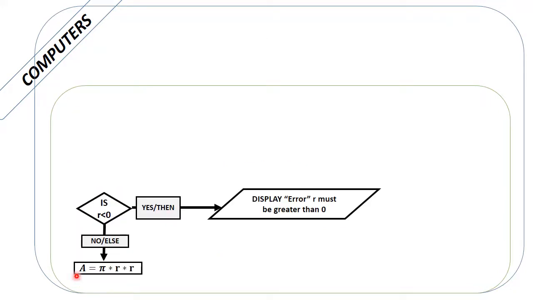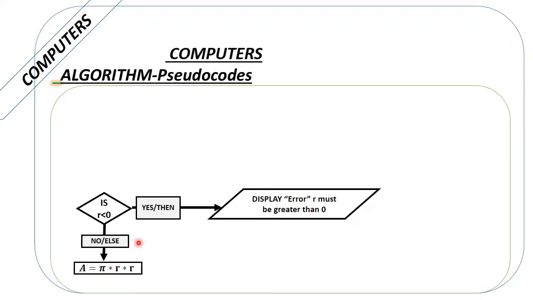So for example, if we have this part of a flowchart where a decision has to be made, is R less than 0? Yes, do this. No, do this. So using pseudocode, we can write this as: if R is less than 0, then. So is R less than 0 becomes if R is less than 0, then of course yes goes with then. Okay, so is R less than 0? Yes.